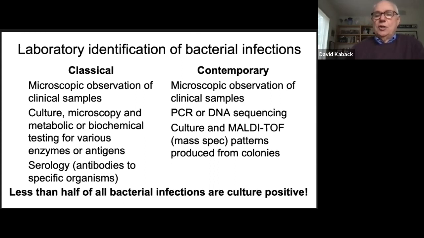When you culture it on those three kinds of media, I would say about half the samples, maybe a little bit less than that, will produce bacterial growth of the organism that is causing the clinical syndrome. I hope that answers the question.